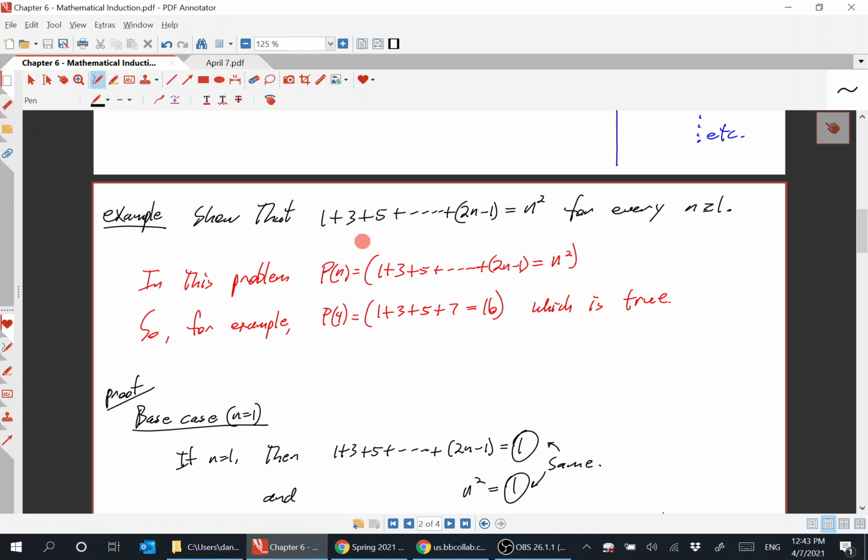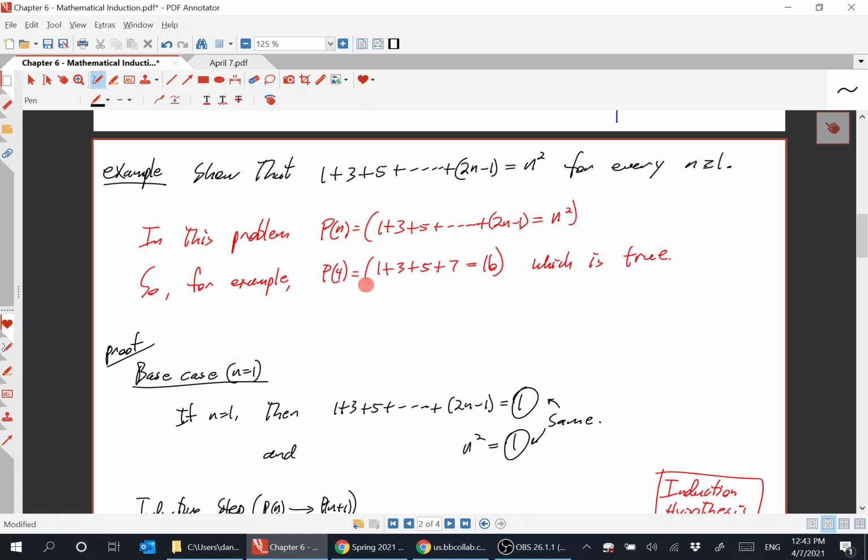That statement is either true for a given value of n, or it is false. What we're going to show is that the given predicate is true for every n. For example, P of 4 means the sum of the first 4 consecutive odd numbers, 1, 3, 5, 7, is equal to 16, which is 4 squared. So that's true.